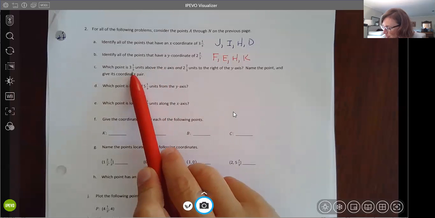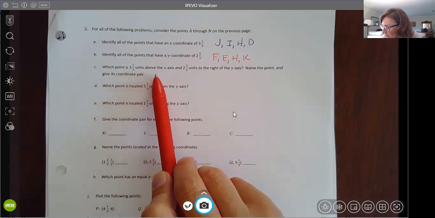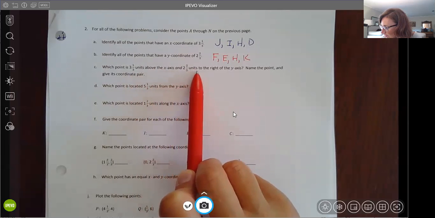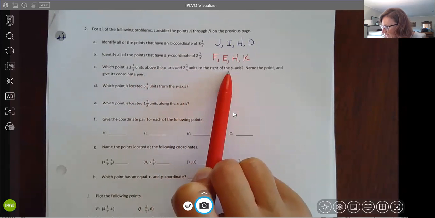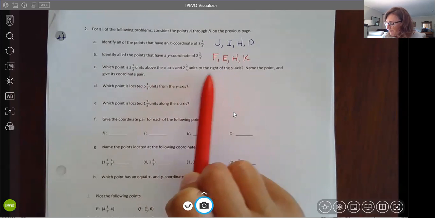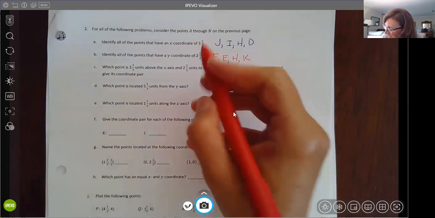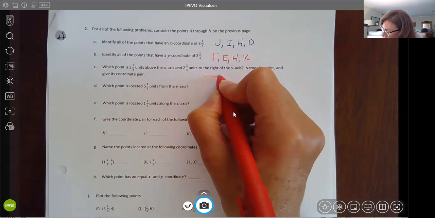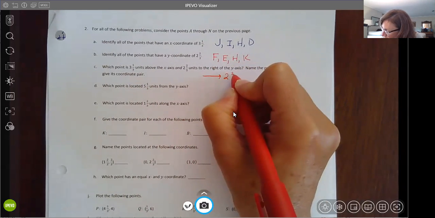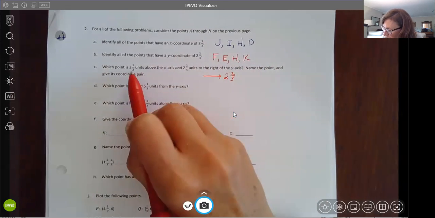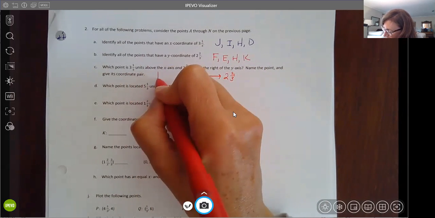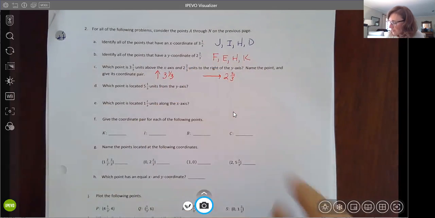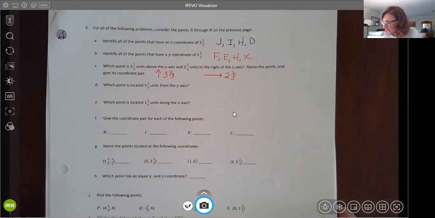All right, so which point is 3 1/3 above the x-axis and 2 2/3 to the right of the y-axis? This means if we're to the right of the y-axis, we go to the right 2 2/3. And if we're above the x-axis, then we have to go up 3 1/3. So they gave it to us backwards. They tried to trick us.